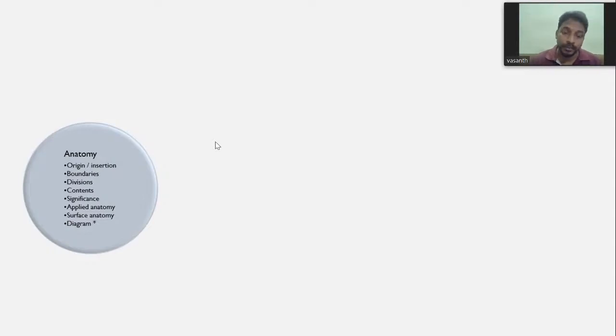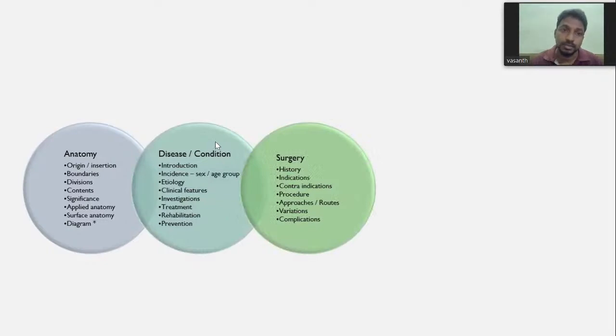And then the other thing is the disease or the condition. If it is a disease or a condition, remember this structure: give an introduction, give the incidence, like in which sex it is more common, and with which age group or in which geographical location it is more common.